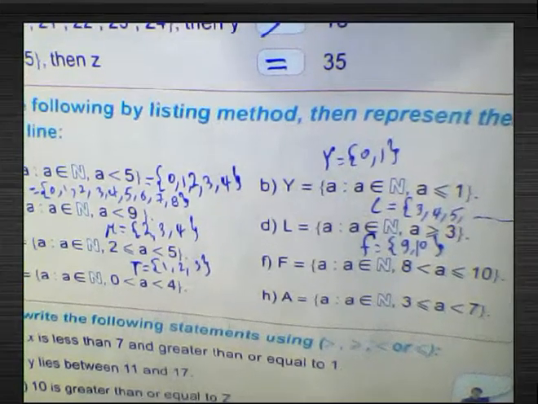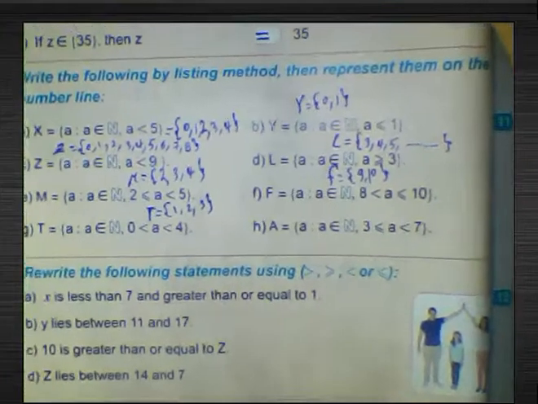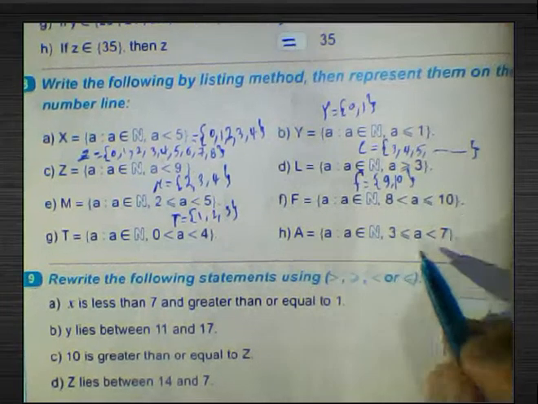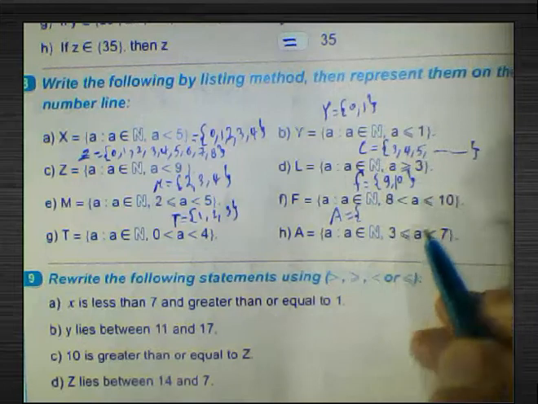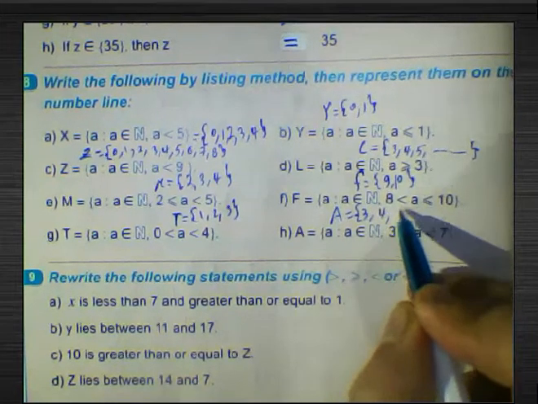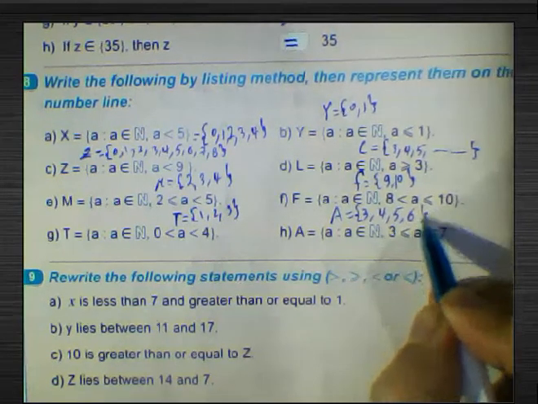A more than 8, less than or equal to 10. Question F. A equals set of A such that A belonging to n, A more than or equal to 3, less than 7. So A equals the set of 3 and 4 and 5, and the last digit will be 6.